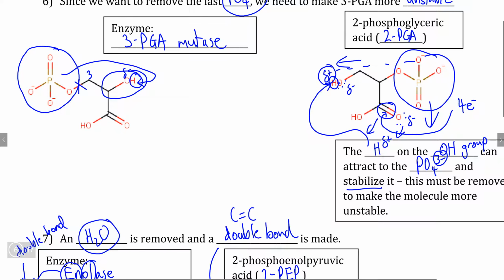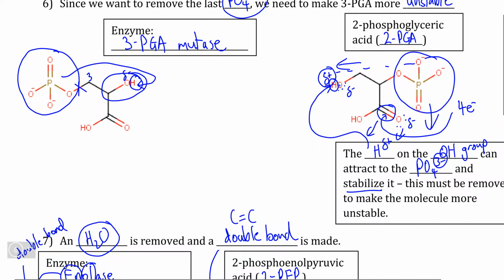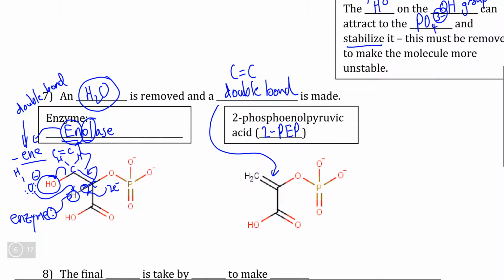Now, in terms of why we made this structure here, remember that this is all for the purpose of removing this hydrogen with a positive pole here, because that stabilizes the phosphate by giving its negative charge a positive pole to attract to.